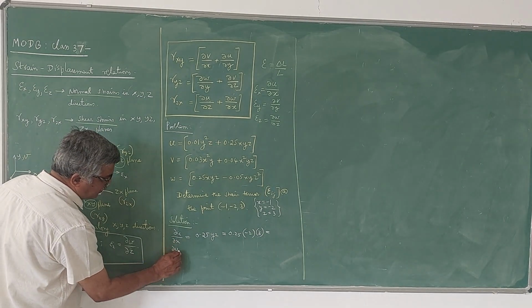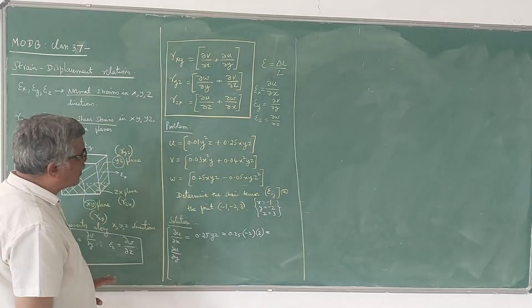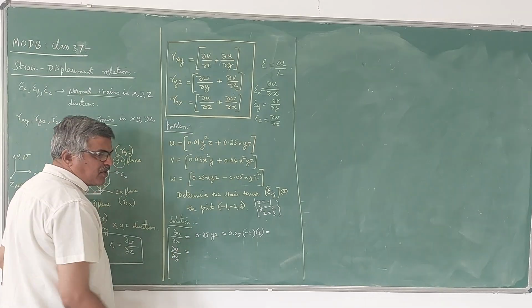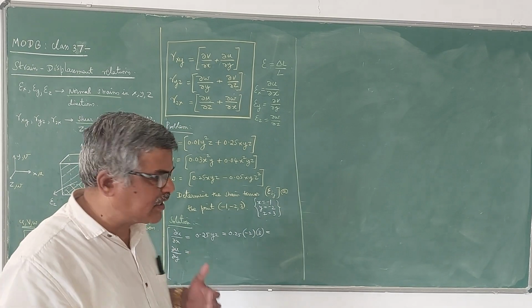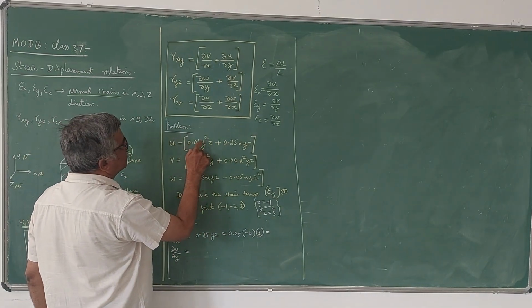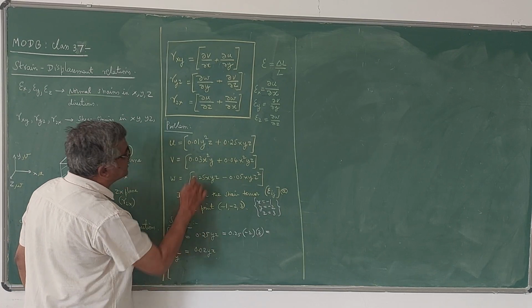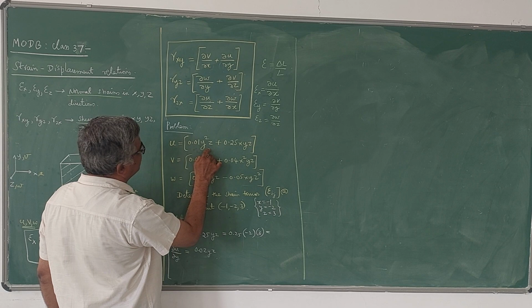Then I will take ∂u by ∂y. Differentiate u with respect to y partially. When you are differentiating with respect to y partially, x and z are constants. So here this becomes 2y, so 2 times this is 0.02 yz. That is the differentiation of this.